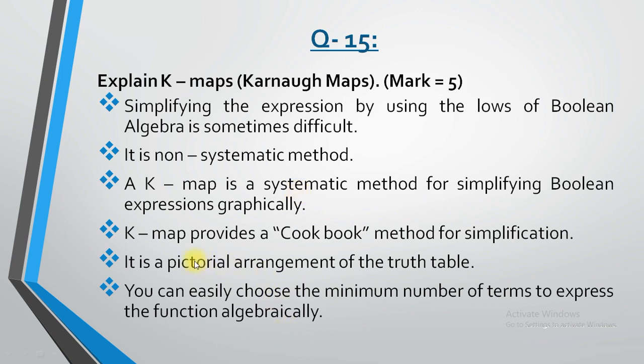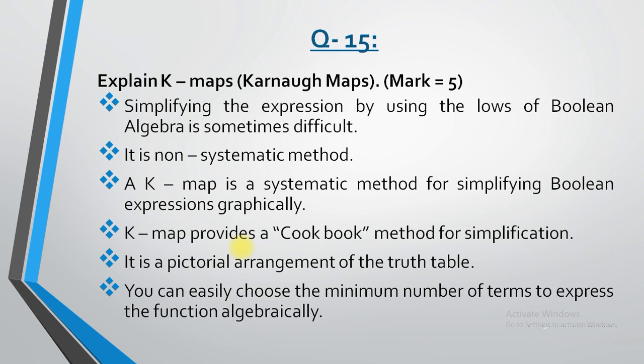We have already learned how to form a 2 input variable K-map, so naturally from that you can understand that it is a pictorial representation of your truth table. Your truth table is represented in graphical form, or expressed by pictorial arrangements.